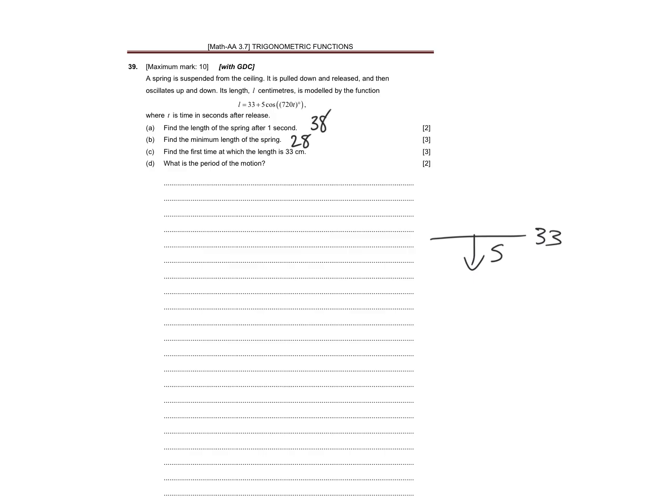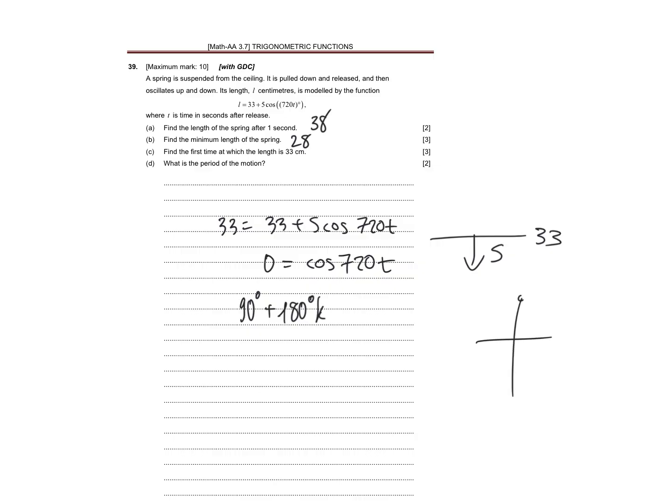Find the first time at which length is 33. So we've got 33 equals 33 plus 5 cosine 720t. When you subtract 33, it's 0. Divide by 5 is 0. And then cosine 0 at 90 degrees, and then plus 180 degrees. So here and here.